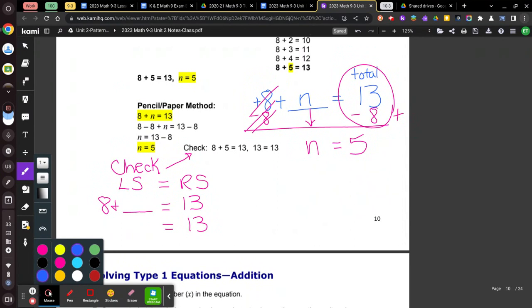If I put my number 5 where it belongs and add those, I get my 13. So yes, this is true, which means it worked because my left side is equal to my right side. So that's one type of one-step equation where you've got something being added or subtracted.